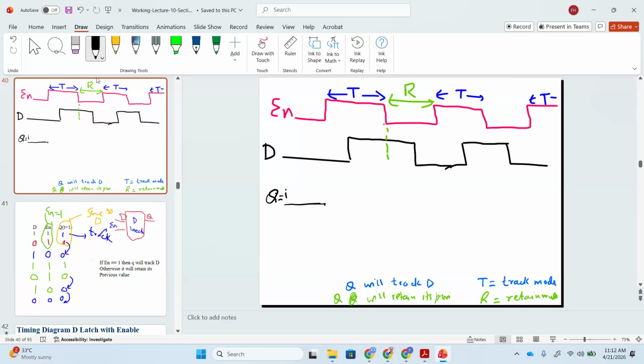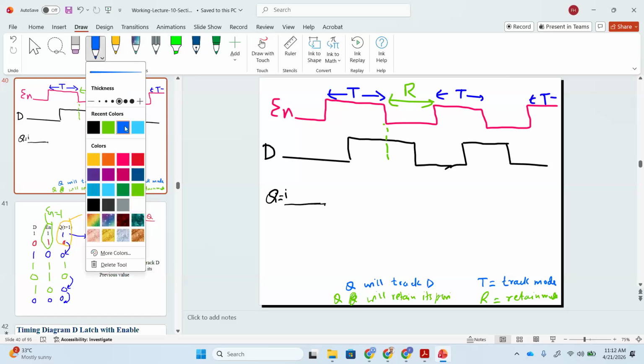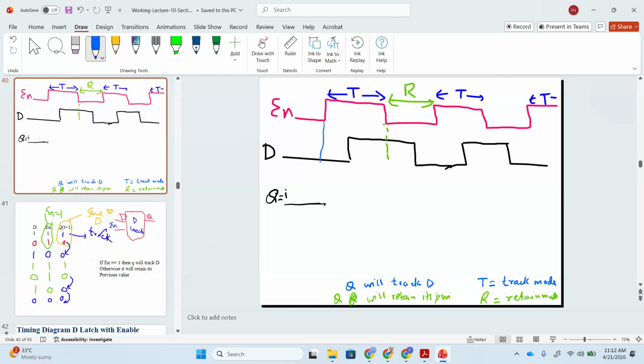We go into the track mode. Please remember the track mode is in blue color. From here to here, we have the track mode. Since we have the track mode, Q is 1, D becomes 0, so Q will become 0 here. And at this point, D makes a transition from 0 to 1, so Q will become 1 here.